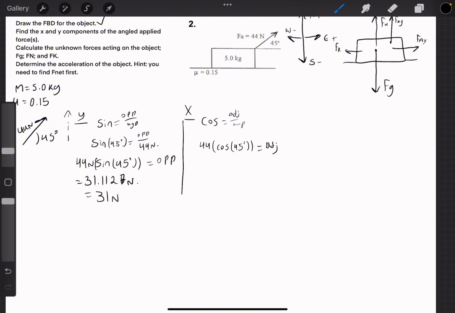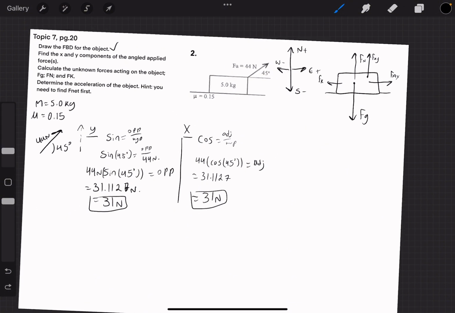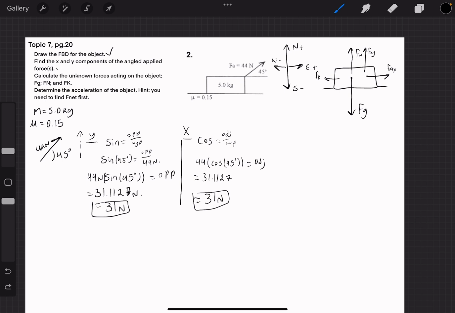Throw that into your calculator one more time, and we get the same answer just because it's an isosceles triangle. 31.1126, rounded to 31 newtons. Perfect. So let's check that off here.